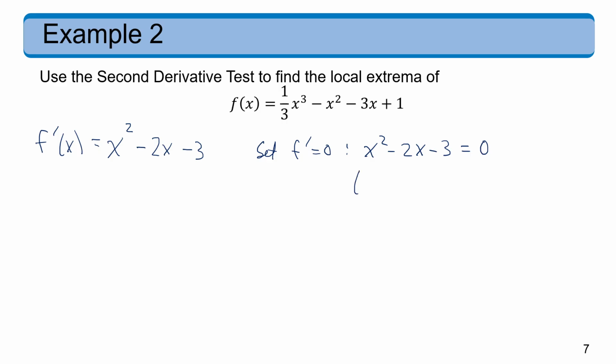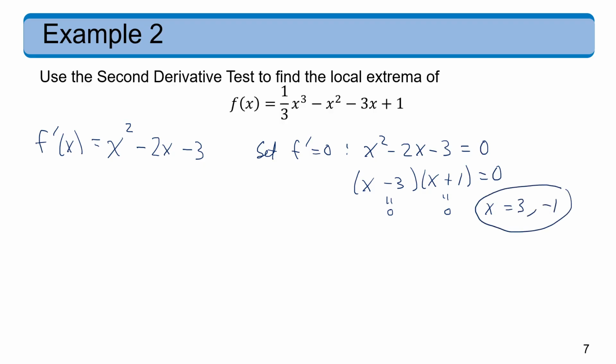I'm going to try factoring. Looks like x minus 3 times x plus 1 will work. Then we set each of those equal to 0, solve each one, and we get positive 3 and negative 1. These are critical numbers. There could be more critical numbers, but these are the ones that make f prime equal to 0.